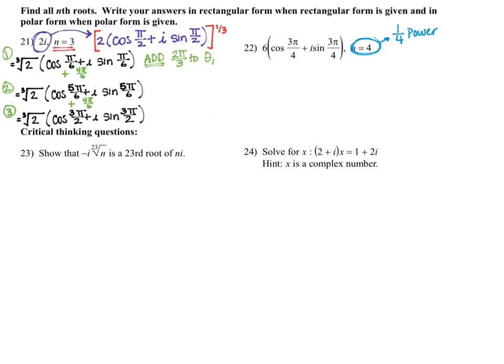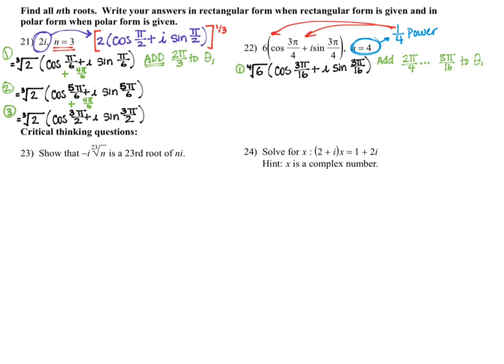For the next problem, I want the fourth roots, which is the 1/4 power. I'm going to distribute that to my r and to the angle to come up with my first root. And my first root is the fourth root of 6 times cosine of 3 pi over 16 plus i sine 3 pi over 16. I'm going to be adding to the angles to find the other 3 roots, so the total of 4 of them.